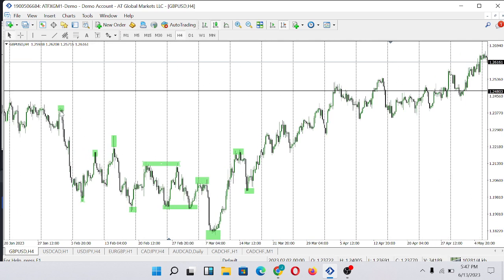It creates a high, right? Then it creates a low. It creates a high, then it creates a low, then it creates a high here. It creates a low, creates double high here.